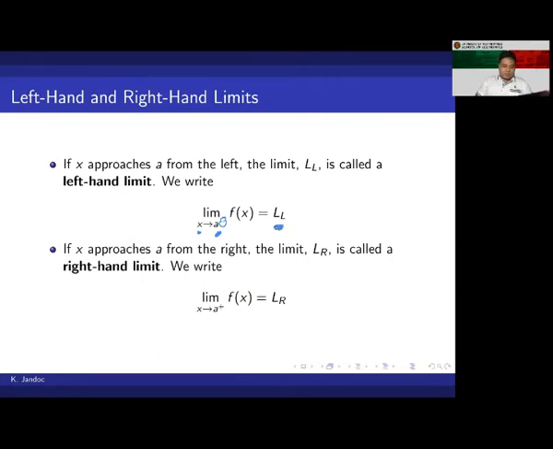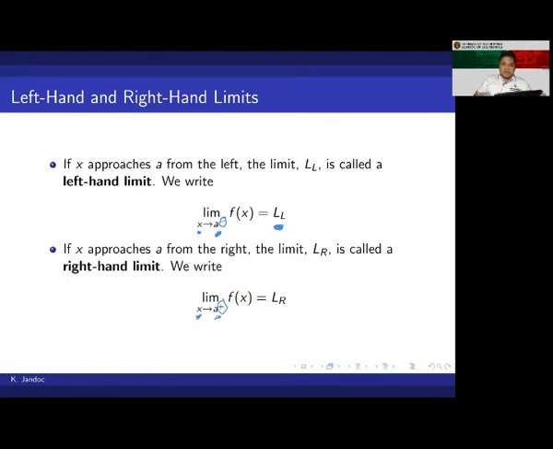On the other hand, if you approach a from values bigger than a, or in other words, from the right, this is the notation. You let x approach a from the right. This plus symbol over here says you're approaching a from the right.